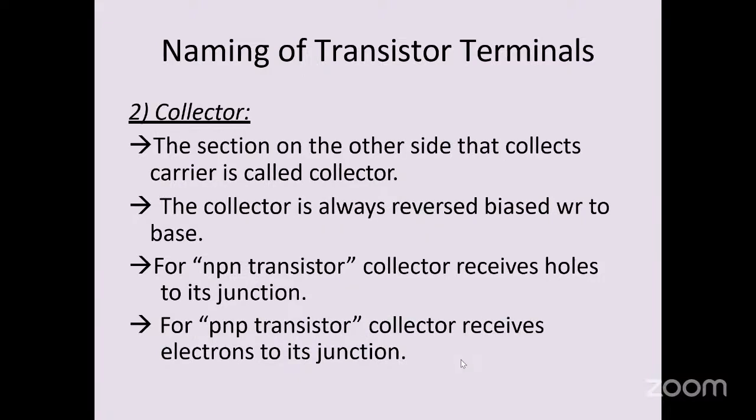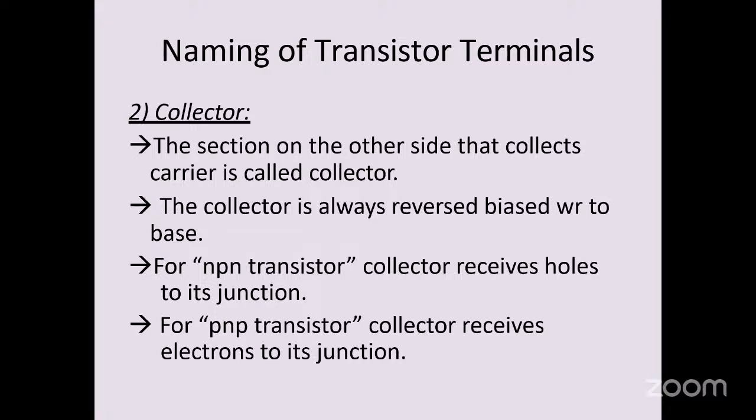Next is the collector. The right hand side section of the transistor is the collector, which is always in reverse bias with respect to the base. The emitter is always in forward bias, and the collector is always in reverse bias.